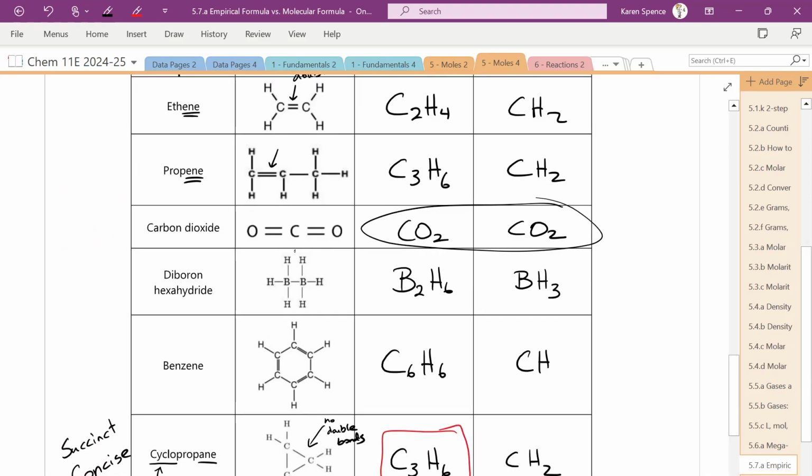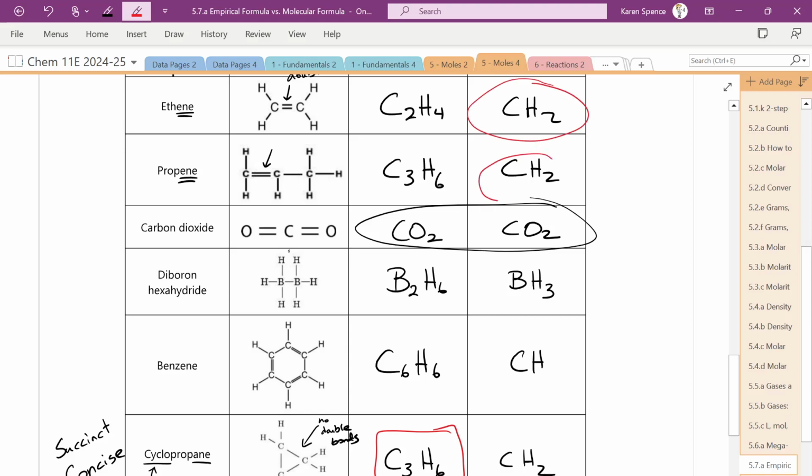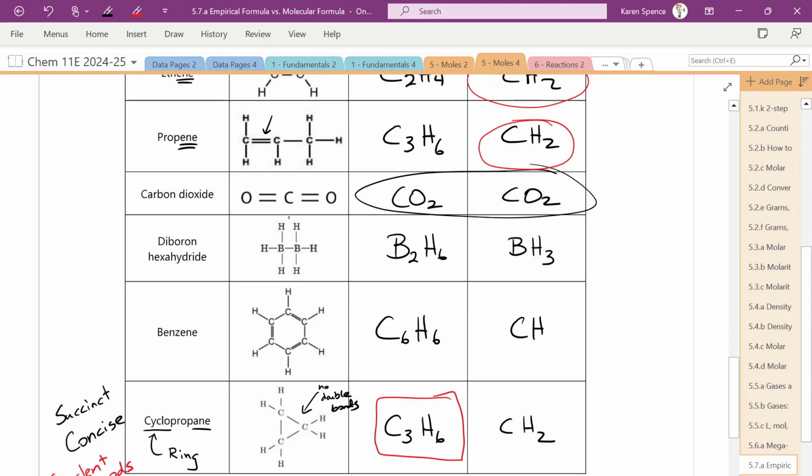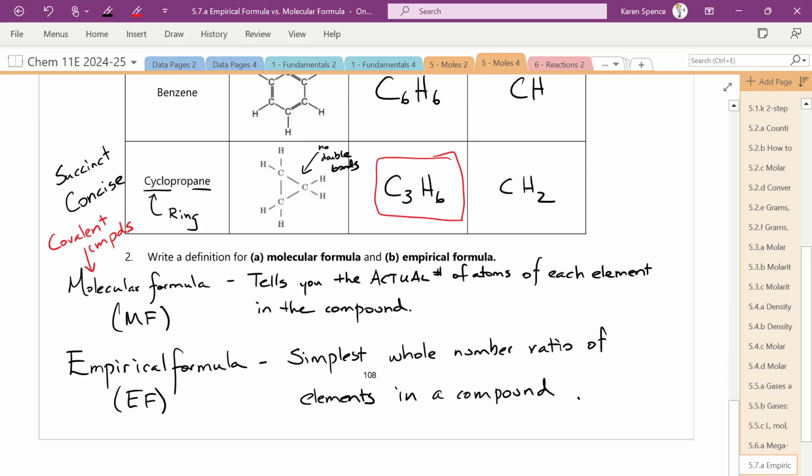Quite frankly, if I give you CH2, there's two other compounds that also have that same empirical formula. Now, there's a couple of them that have the same molecular formula as well, and then you would have to show the structural formula to get the full detail. But usually, we just go with our molecular formula.